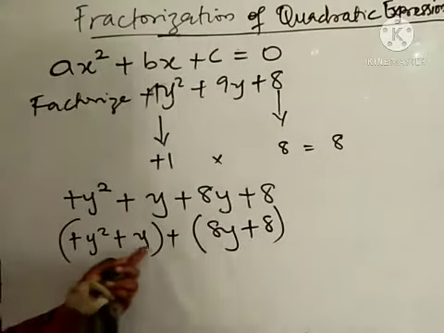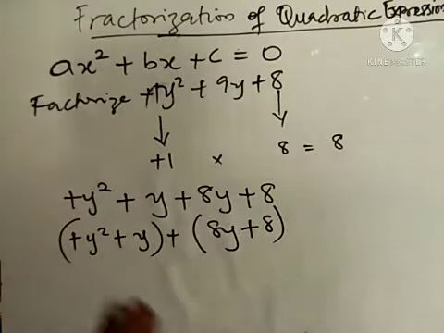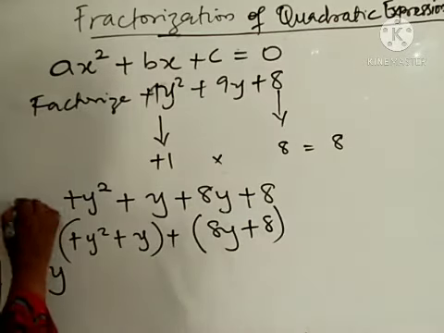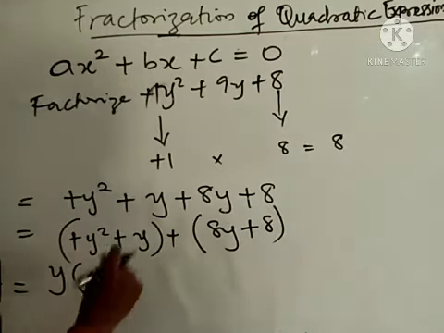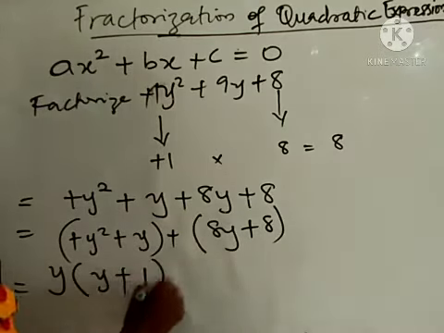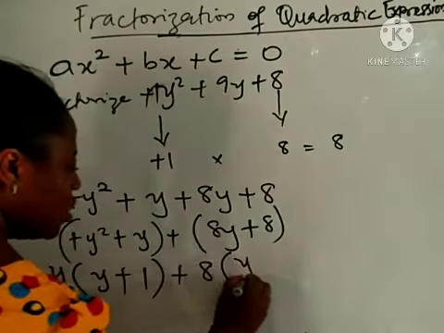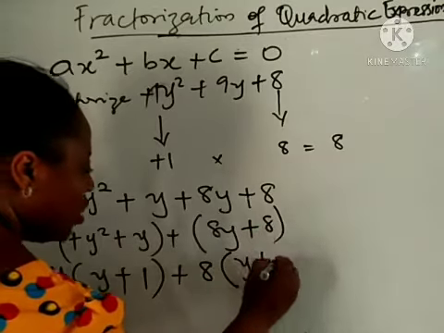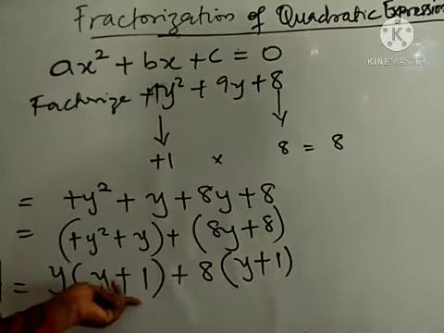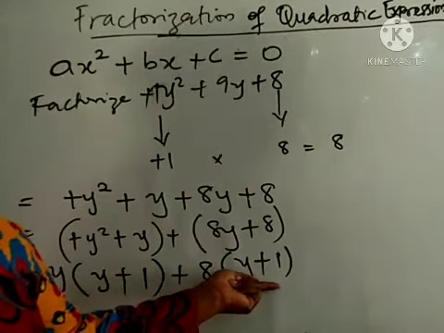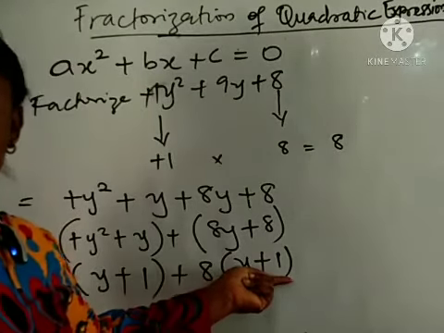So now we look for what is common to both of them. What can you find in y squared and you can also find in y? That is y. So bring out your y. If you divide y squared by y, it will give you y. Plus, if you divide y by y, it will give you 1. So what is common between both of them? 8. If you divide 8y by 8, it will give you y. If you divide 8 by 8, it will give you 1. One thing you must notice is that the first bracket you arrive at here and the second bracket you arrive at here must be the same.